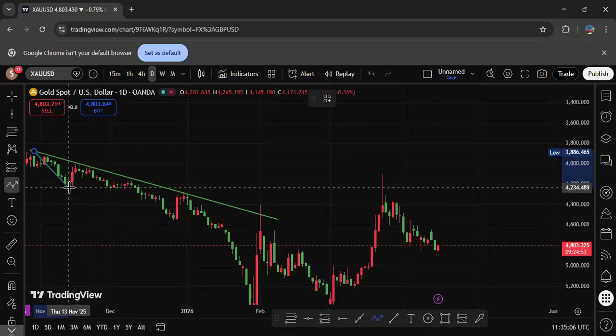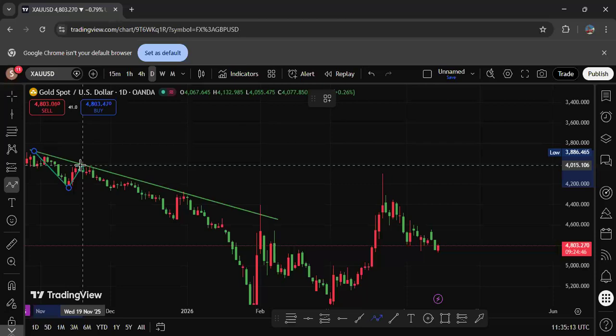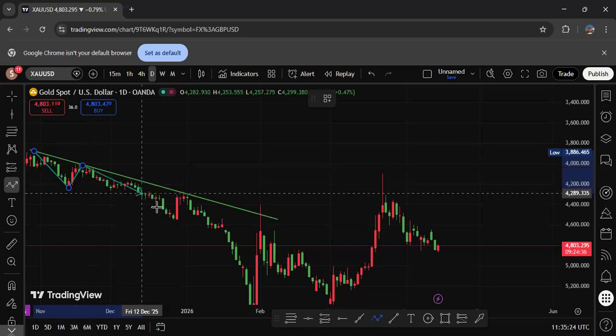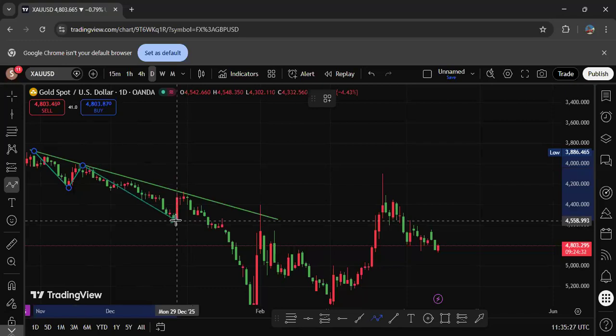That's a low. Then we created a lower high, which means a high lower than our starting point. Then we came here and put in another low, which means a lower low, a low lower than the previous low.